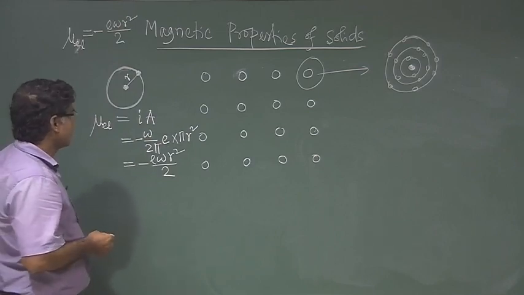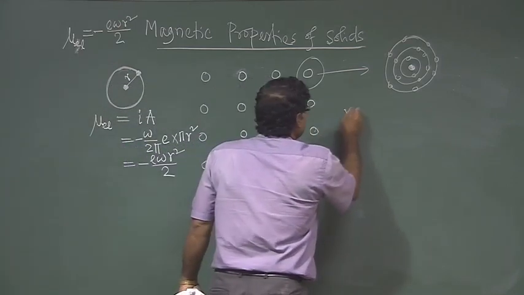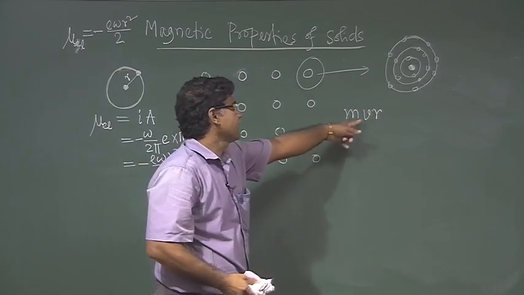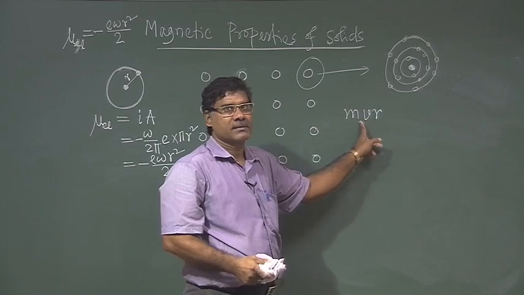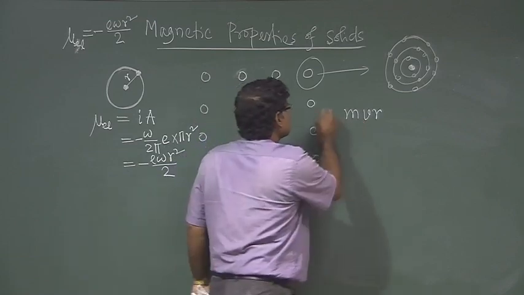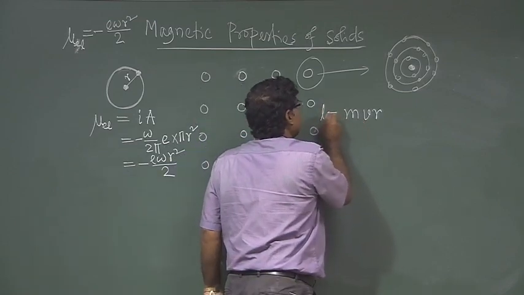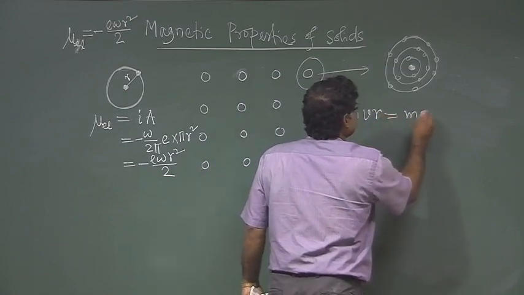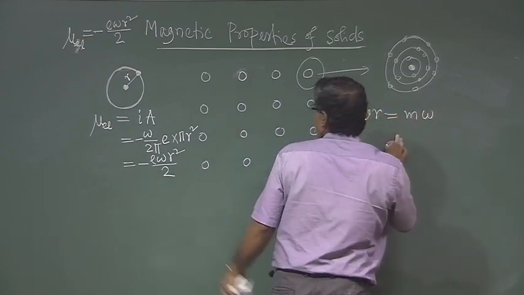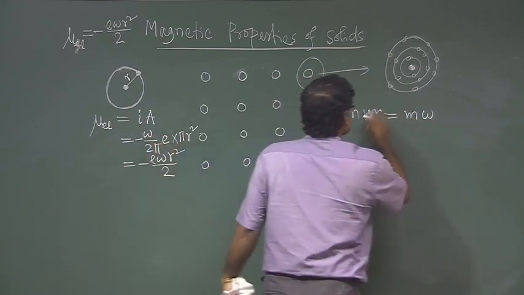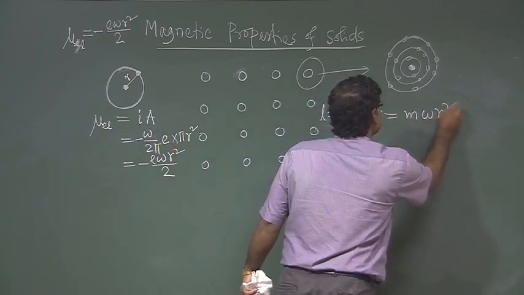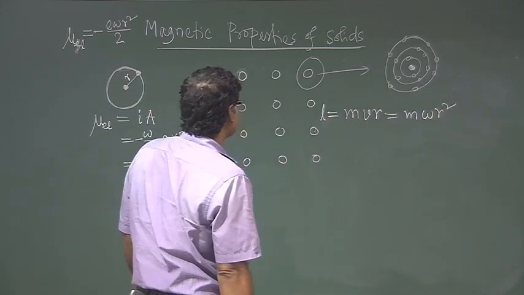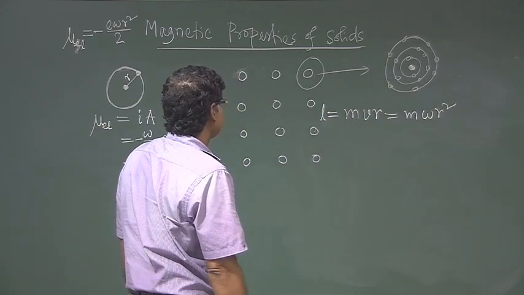What is the angular momentum? Angular momentum L is m v r, right, where v is velocity. V is basically omega r, so the angular momentum is m omega r square, right.